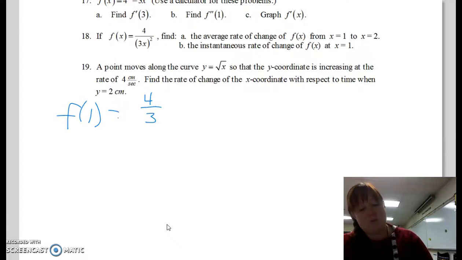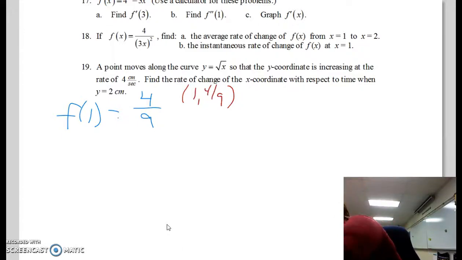Oh, it's not 4 over 3, excuse me, it's 4 over 9, because that 3 is squared. So it is 4 over 9, okay? And if I was graphing this, I could say that this point was at 1, 4/9, because that's where it lies on the graph.